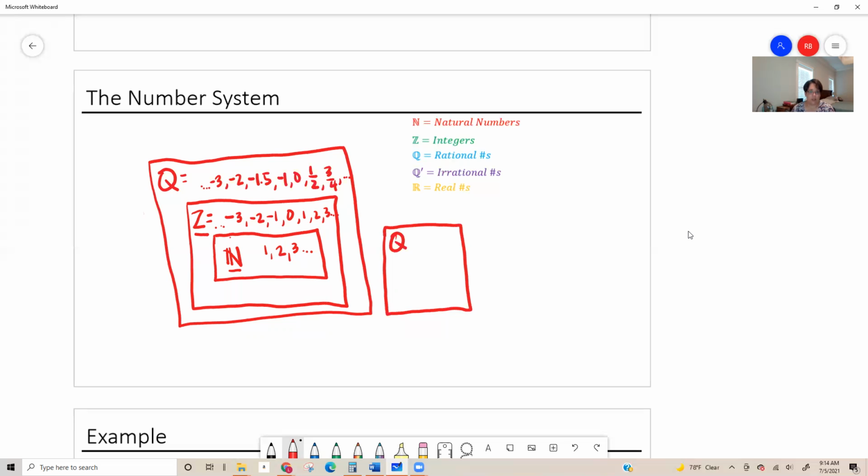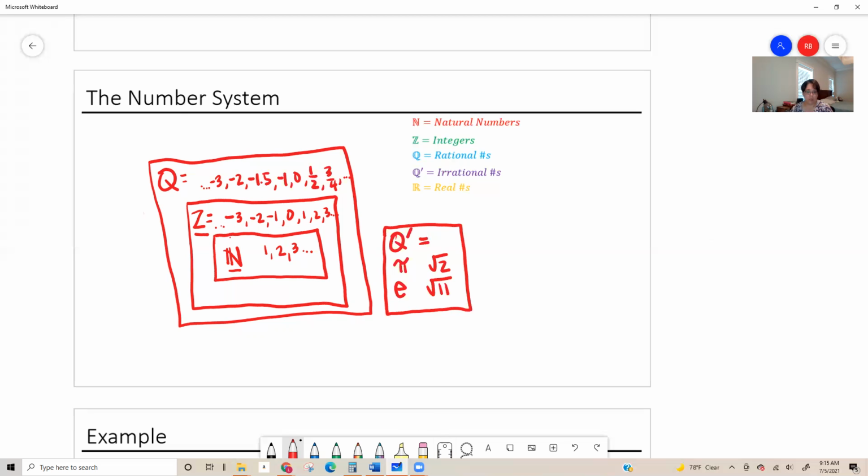They call that Q prime. That little mark there, what do you call that? Apostrophe mark. That's called Q prime, which is how they want you to refer to the irrational numbers. So these are going to be like pi, the number e, square root of 2, square root of 11.